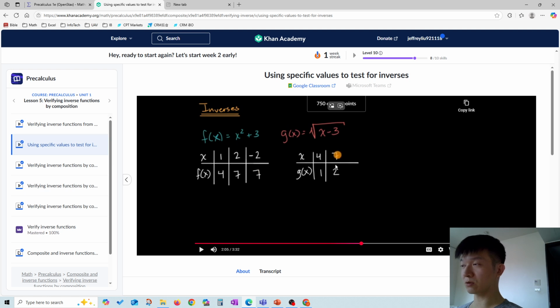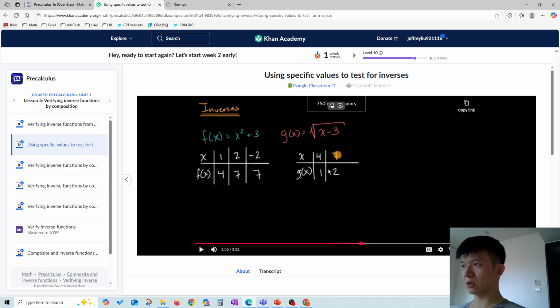So we will conclude that -2 gives me 7, but 7 gives me 2. So that's not -2. This is not -2, therefore I will not conclude this as inverses, because if only one point fails, then the entire thing is not inverses.